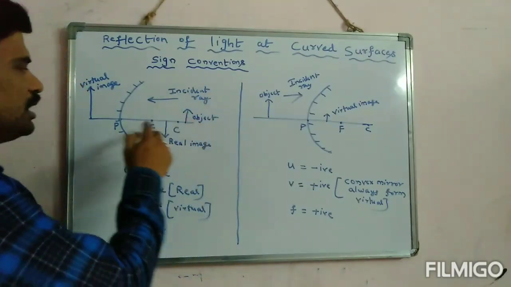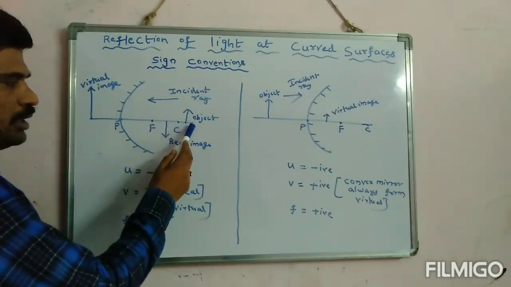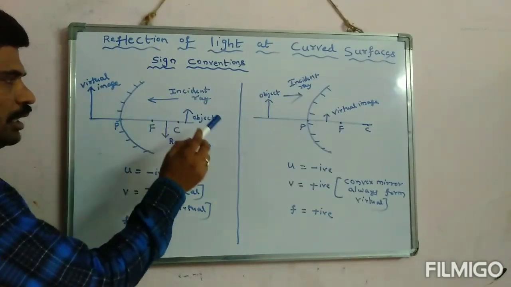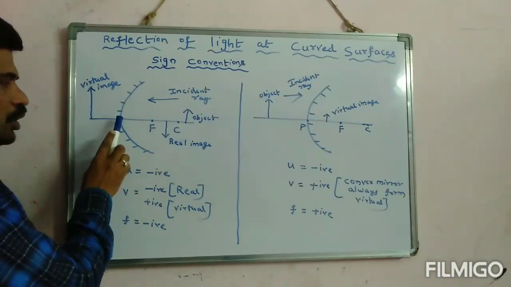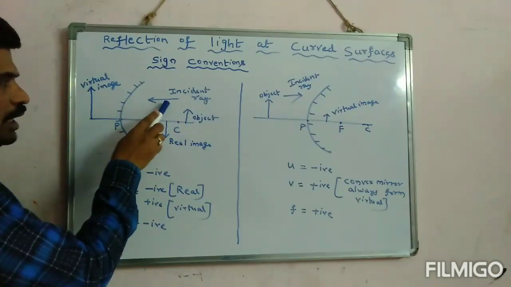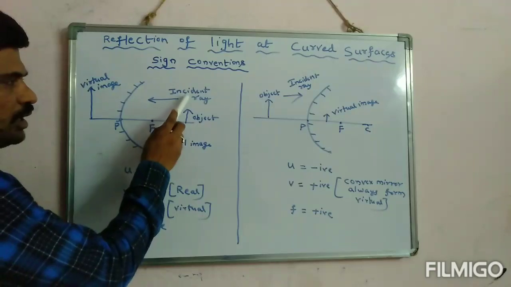Now let us see for concave mirror. For concave mirror, the object position is before the reflecting surface, in the incident ray direction. What about the object distance? Object distance we should measure from the pole to object. We are measuring in the opposite direction of the incident ray.